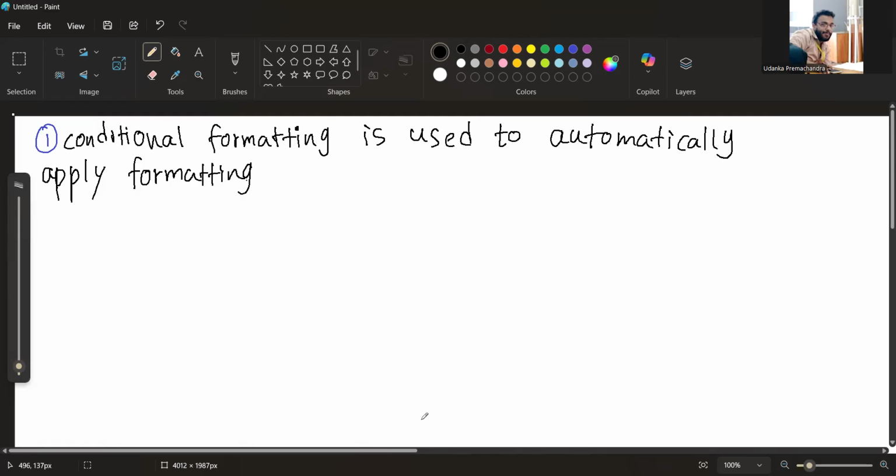Something like what? Color, bold, italic, something like that. It may be used for the color.